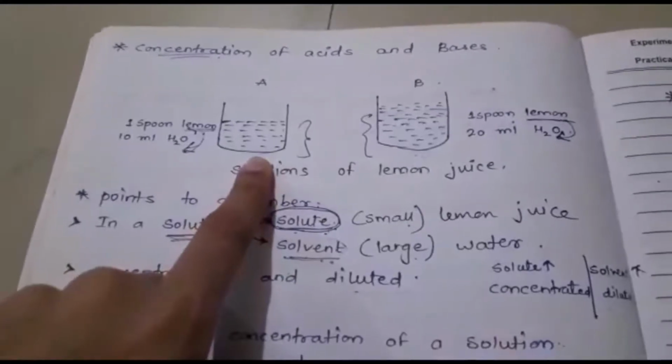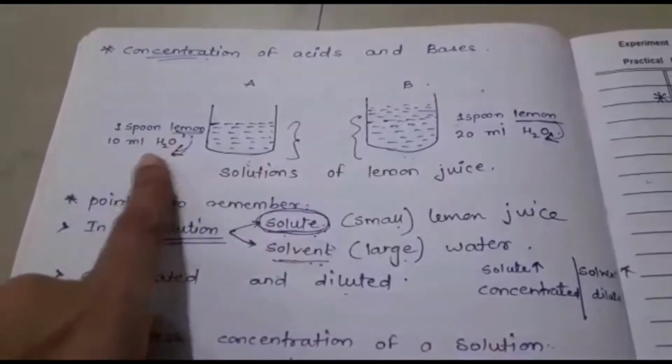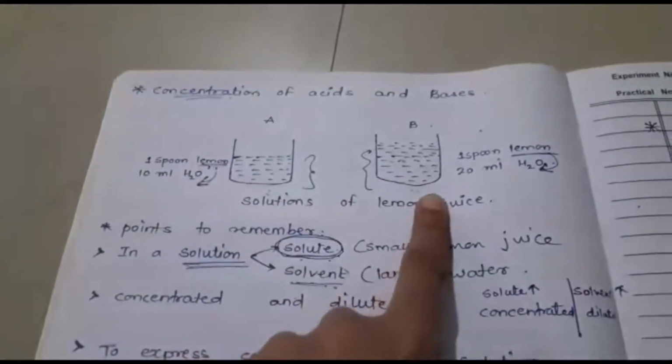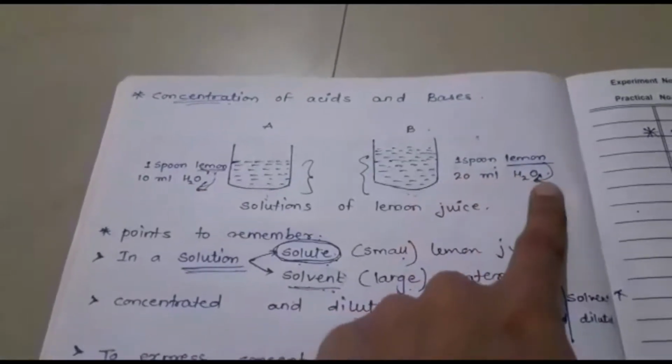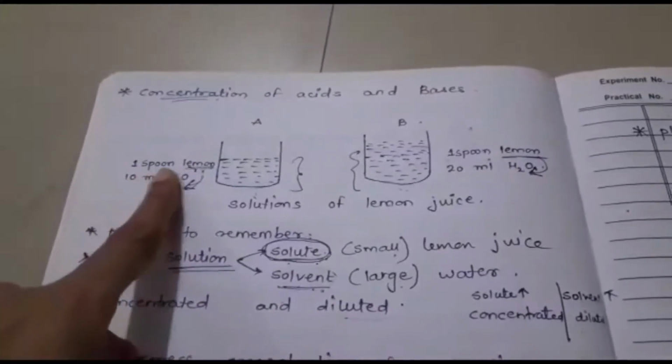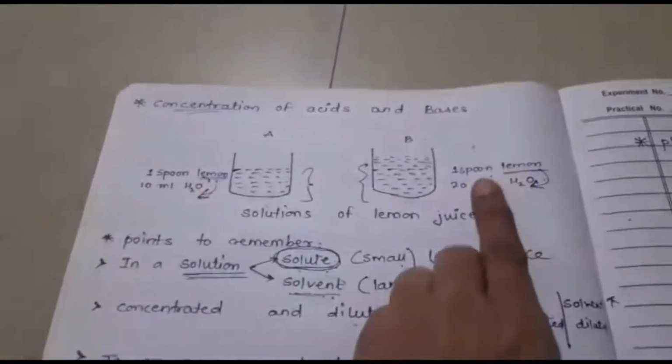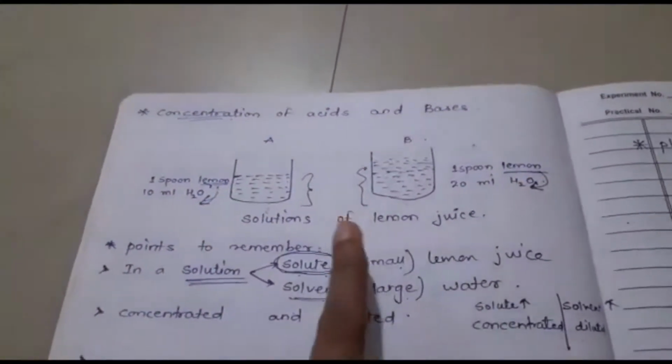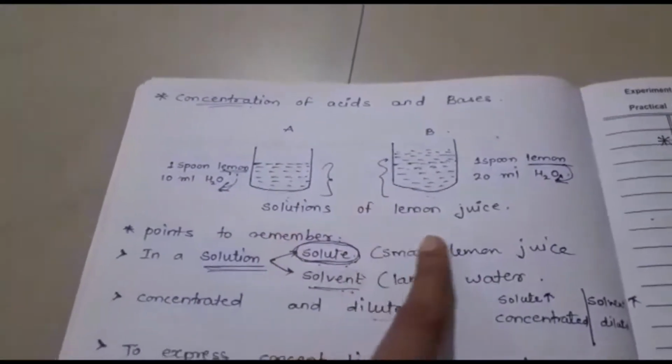In beaker A, I have 10 ml of water, and in beaker B, I have 20 ml of water. In both beakers, I have poured 1 spoon of lemon juice. So this is the solution of lemon juice.